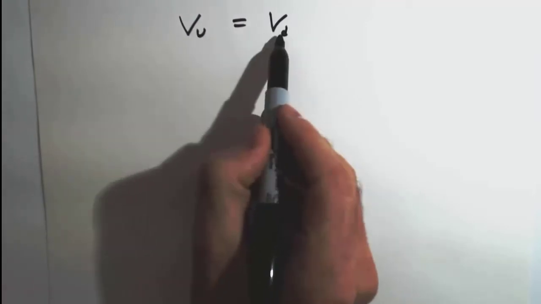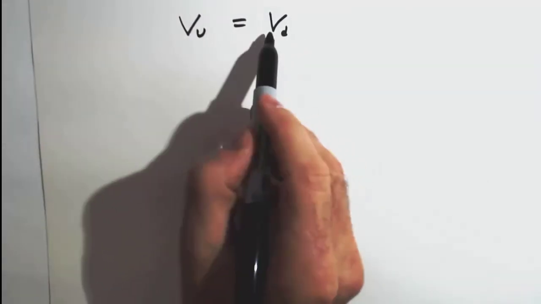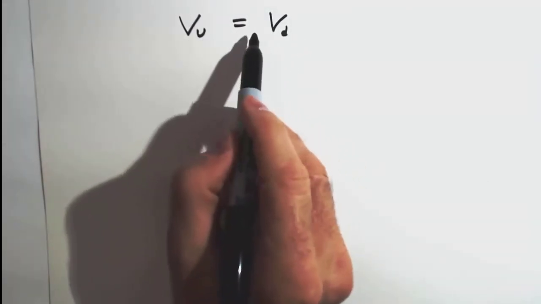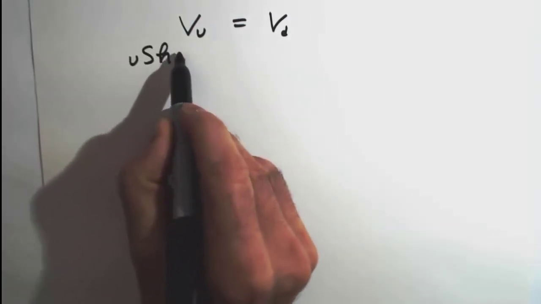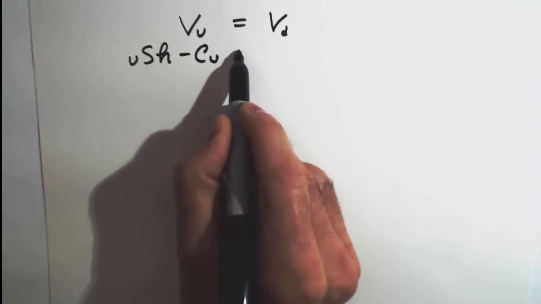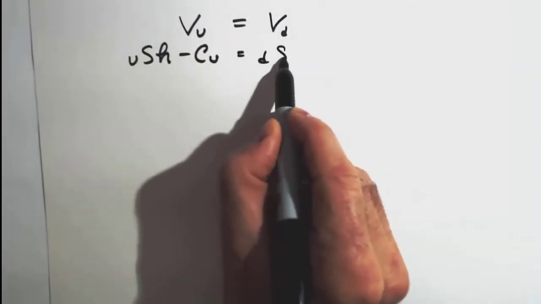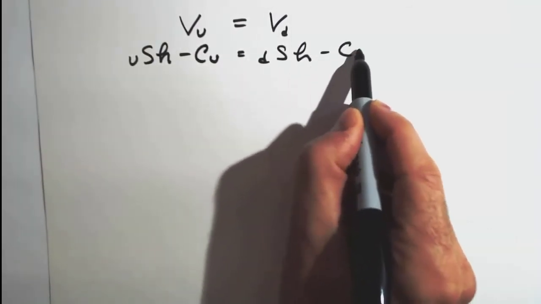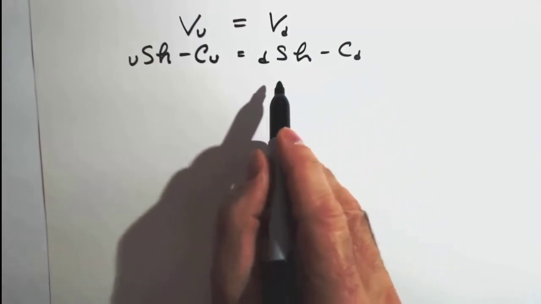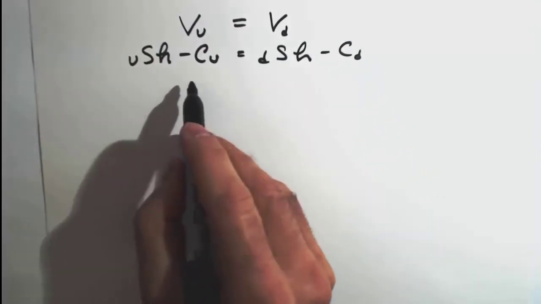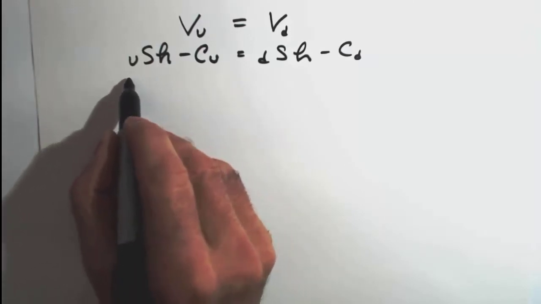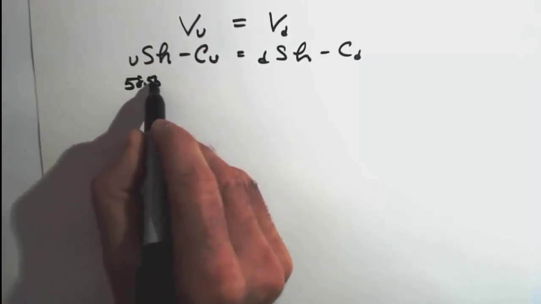After one step, the value of the covered call position should equal. And so that's USH minus CU equals DSH minus CD. Plug in the numbers and solve for H.